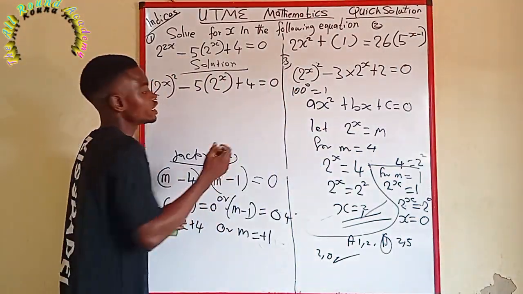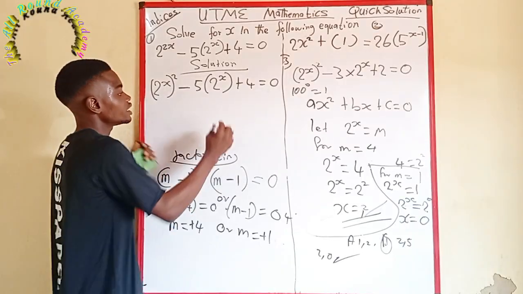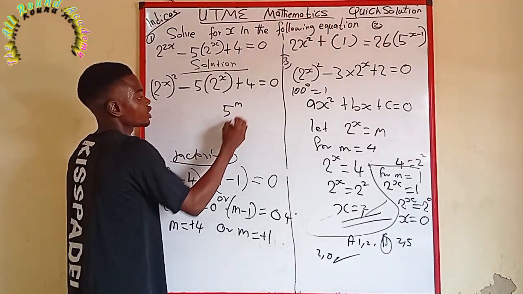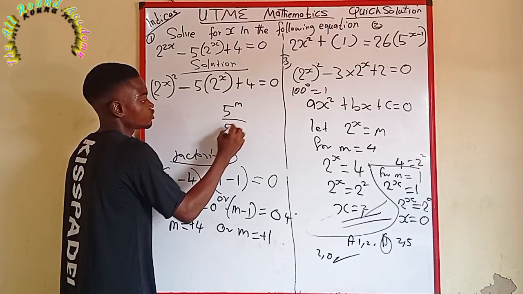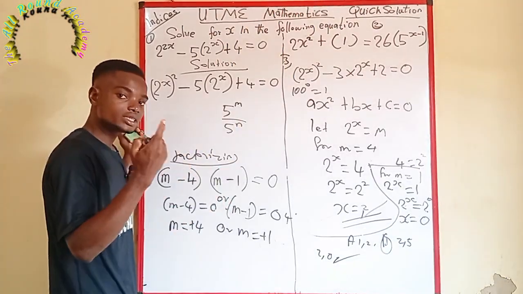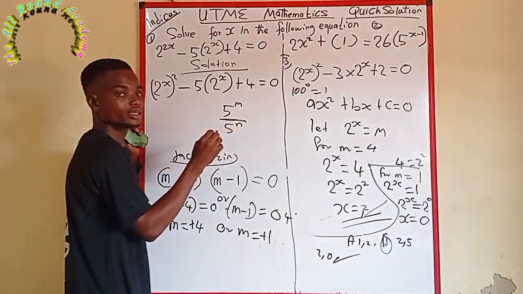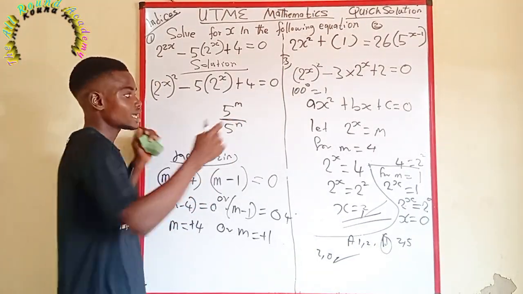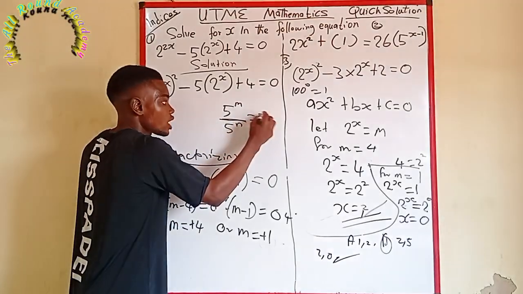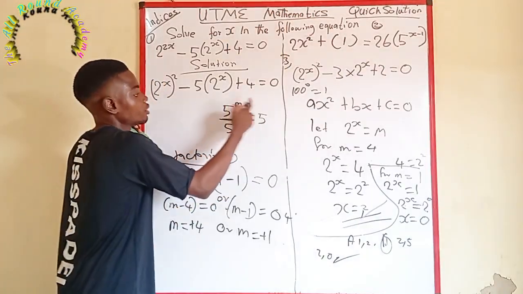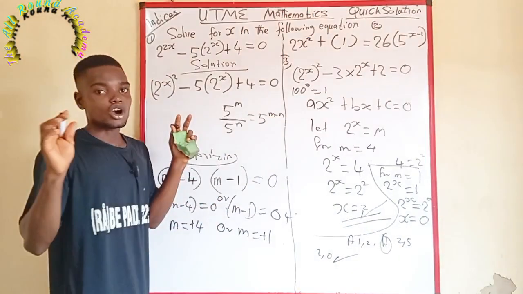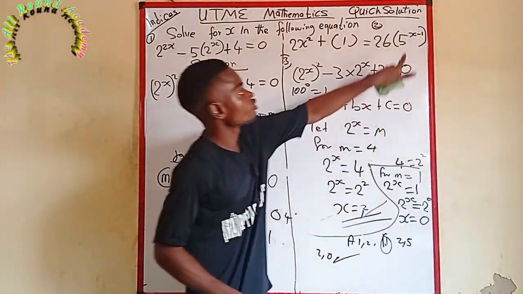For instance, the second law of indices says that if 5 is to the power m and it is dividing 5 to the power n, because they are the same base and they are dividing, I'm going to call it one base, and the powers will subtract each other. So this is equals 1 base 5, and the power m, we subtract the power n.